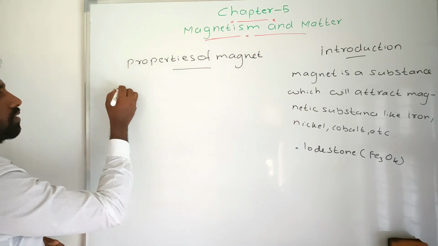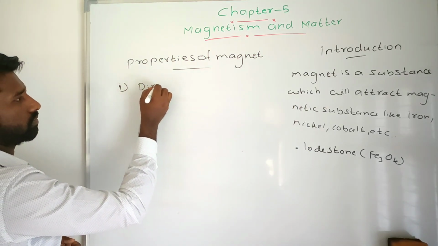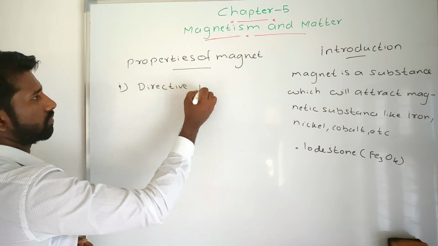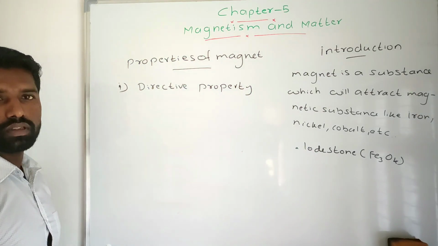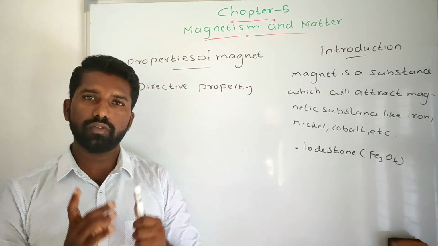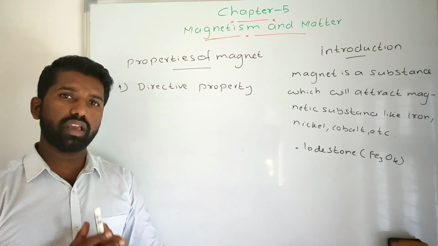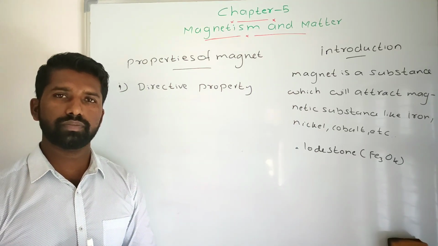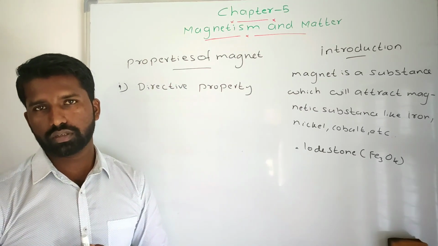Properties of magnet. The first property is the directive property. The directive property is that a freely suspended magnet points in the earth's north-south direction. Why does it point in the north-south direction?